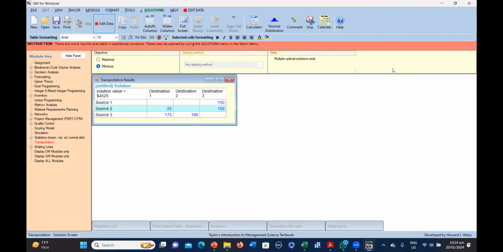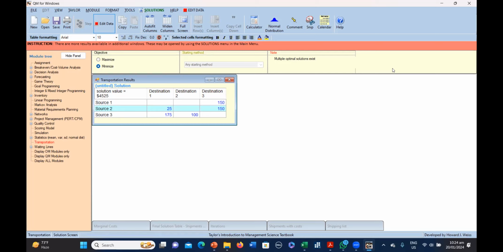So this one, you see that Excel QM is telling you that multiple solutions exist. You see this? There are multiple. In other words, you can achieve the same solution. Remember, this is what we got as the cost minimization: 4525, and it's the same.